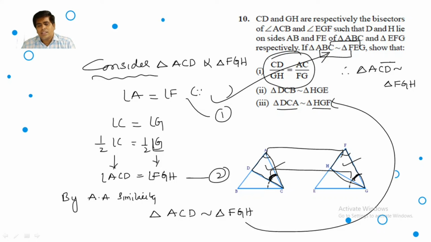So CD by GH is equal to AC by FG. Since corresponding sides are proportional, I wrote their corresponding sides in proportion.